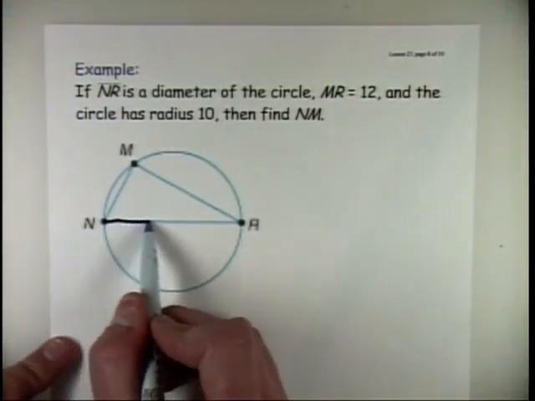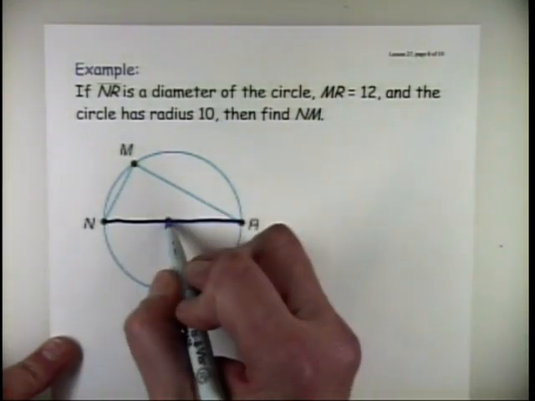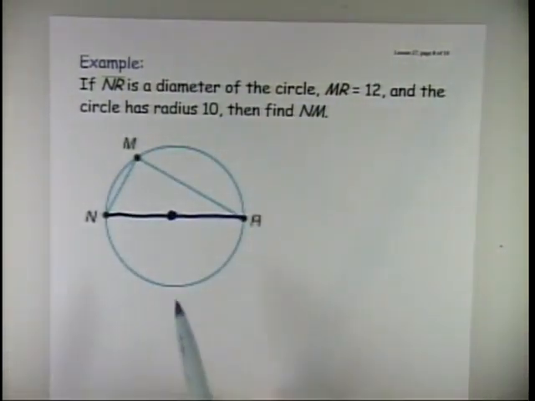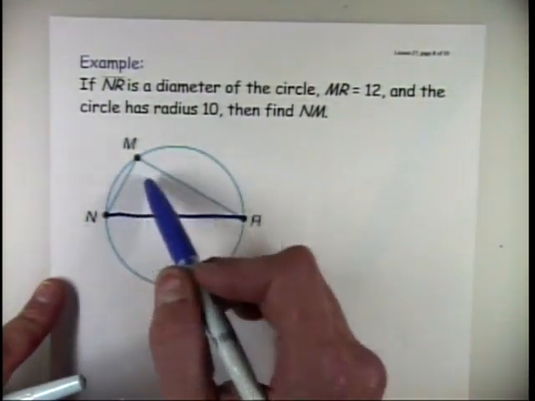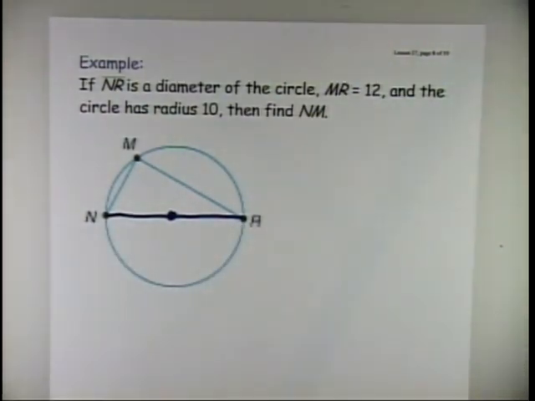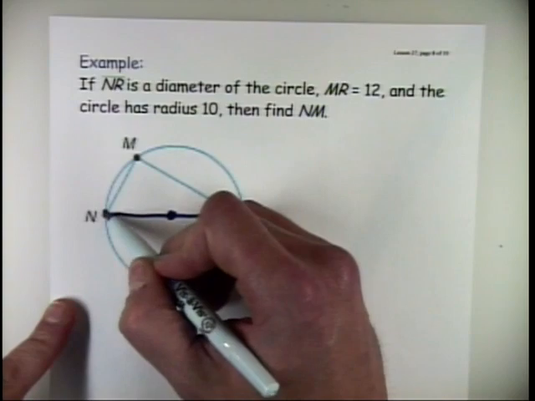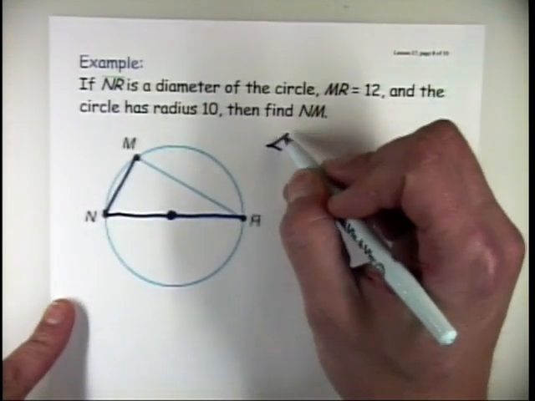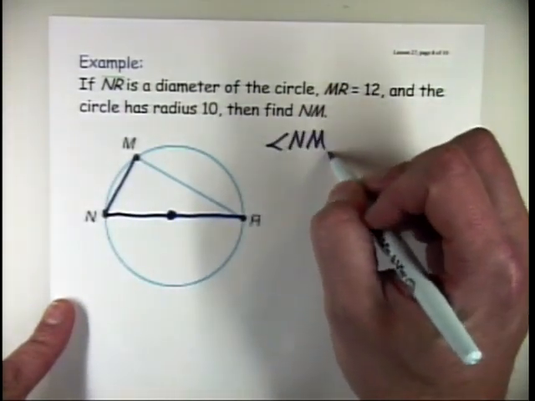In this circle, NR is a diameter, and that's important because it passes through the center. A diameter always bisects the area of a circle, so I have a semicircle up here and a semicircle down here. Notice now that I have an inscribed angle, angle NMR.